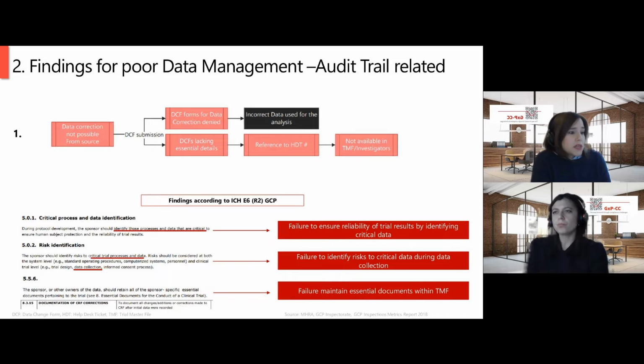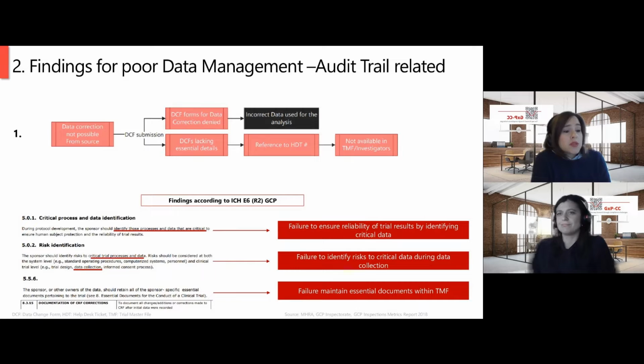So to be more specific, according to ICH GCP, the problem here is that the sponsors failed to ensure reliability of the trial results by identifying critical data, as the critical data here were not possible to be corrected. So the trial ended up with having partially wrong data.